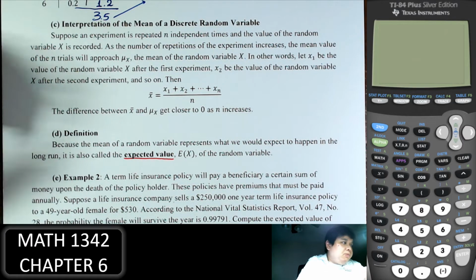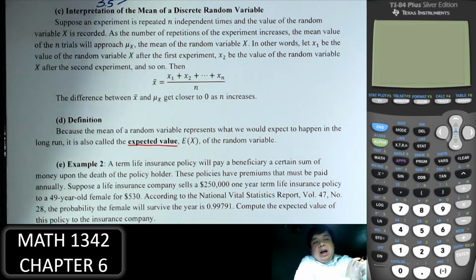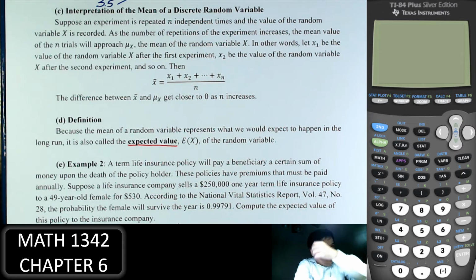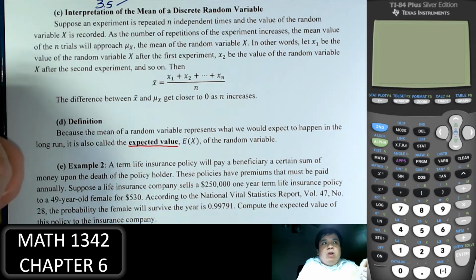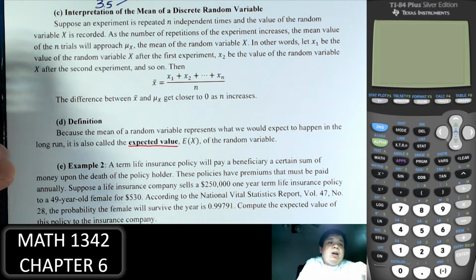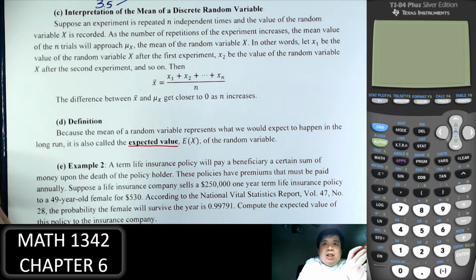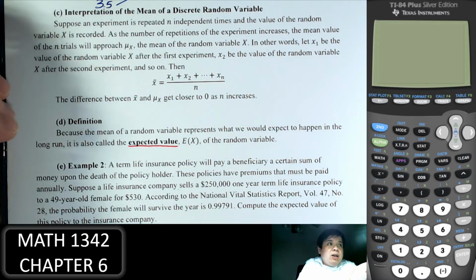For example, if a family has a child, the chance for it to be a boy is 50% and a girl is about 50%, right? So in the long run, if a family has 10 children, we expect to have 5 boys and 5 girls.